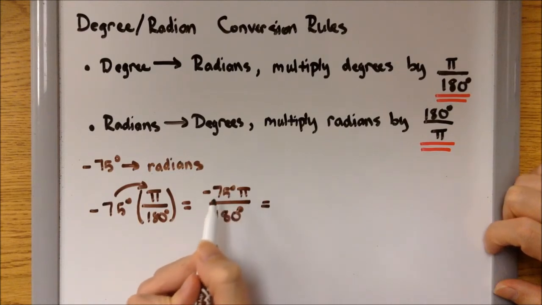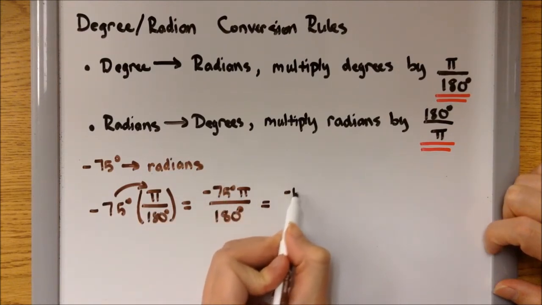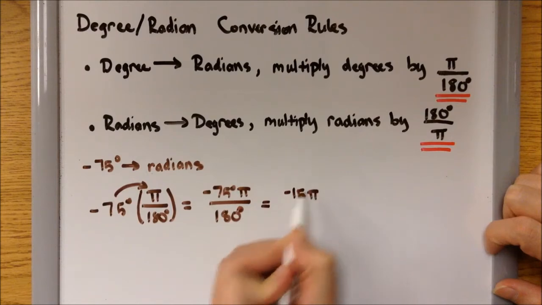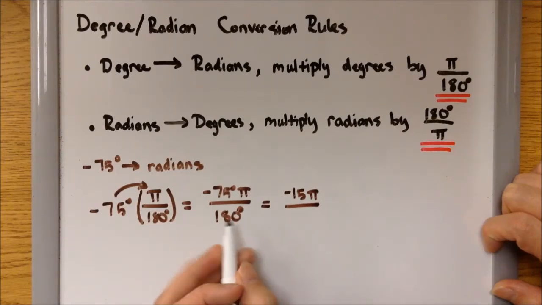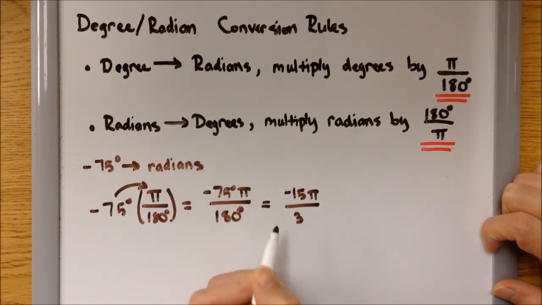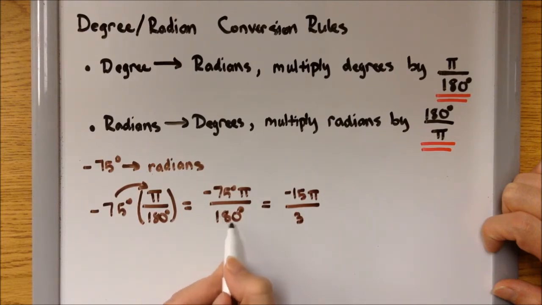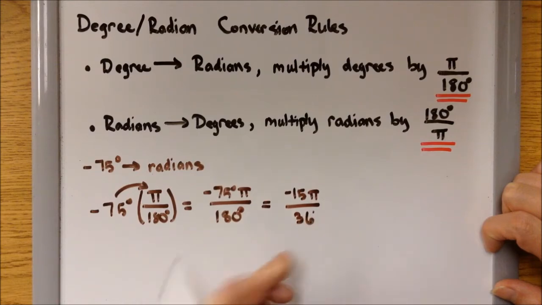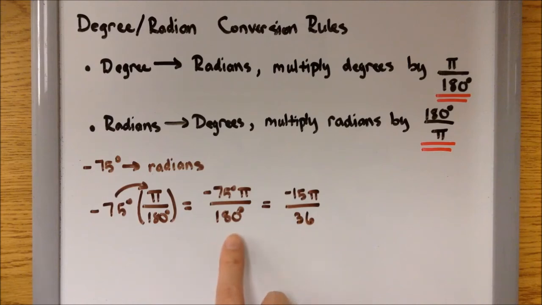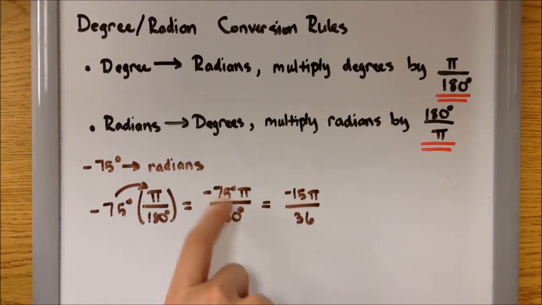Negative 75 divided by 5 is going to be negative 15 pi, and then 180 degrees divided by 5. 5 goes into 18 three times, 15, I'm left with 30, so 6. So 180 degrees divided by 5 would be 36. Now, again, since I'm dividing with degrees, I don't have to write the degree symbol.